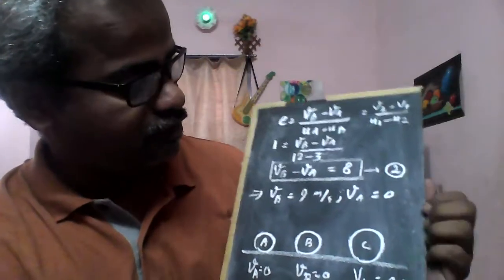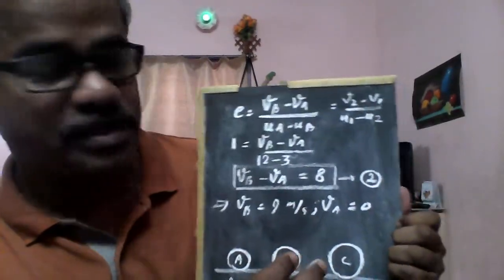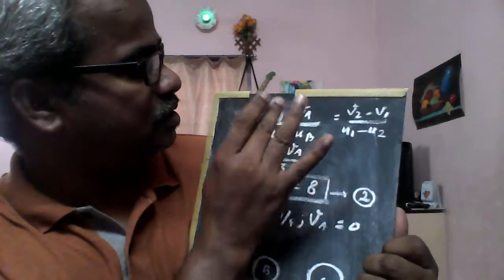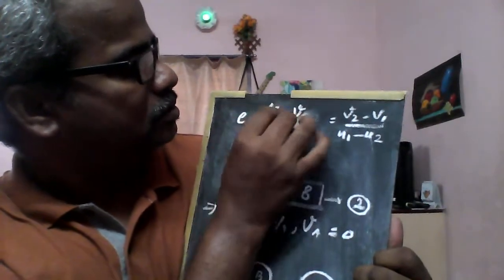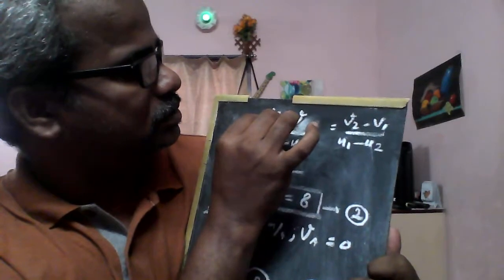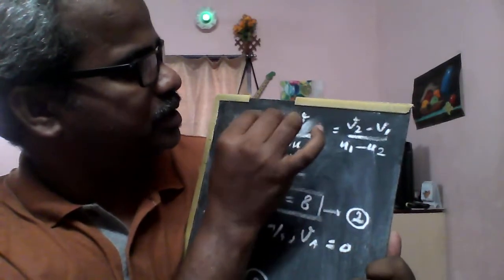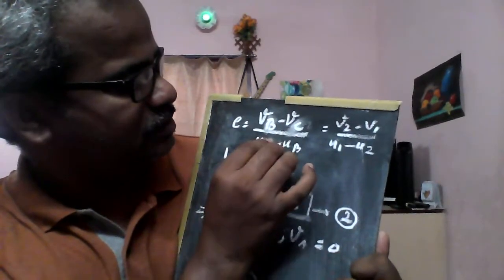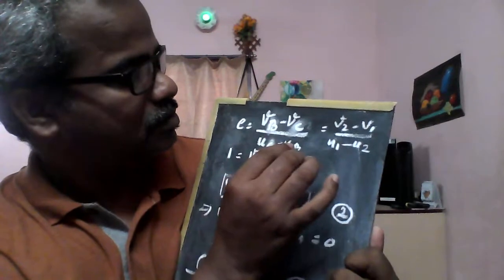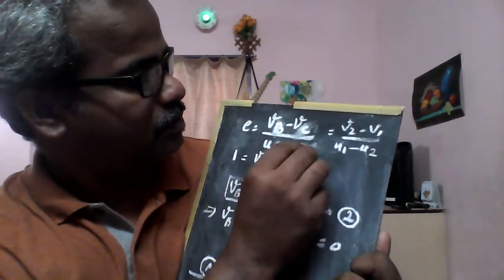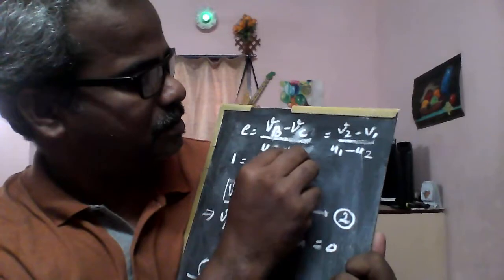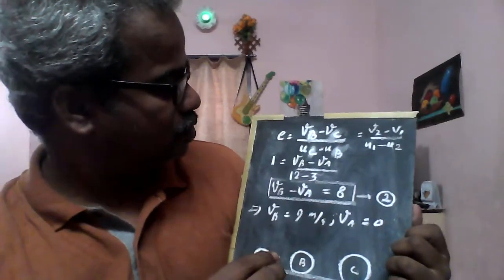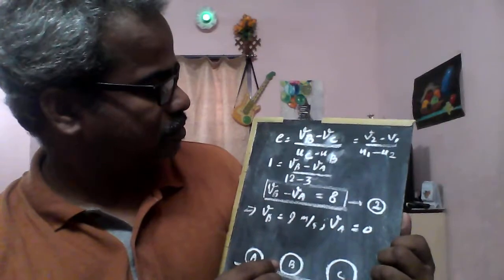Then we will consider the equation of coefficient of restitution. What is that? It will be VC minus VB over UC minus UB.